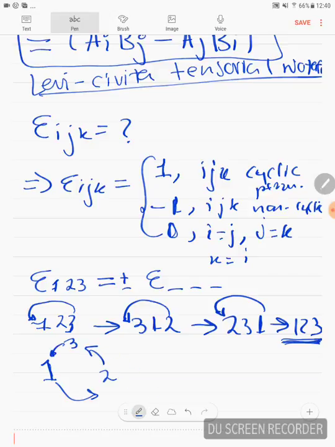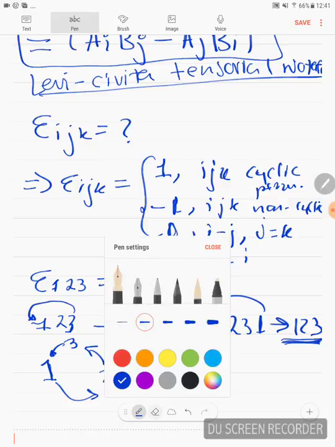Then if you just interchange any neighboring indices in this Levi-Civita notation, it would mean that you will pick up a minus sign, because interchanging any indices will break the cyclic property.